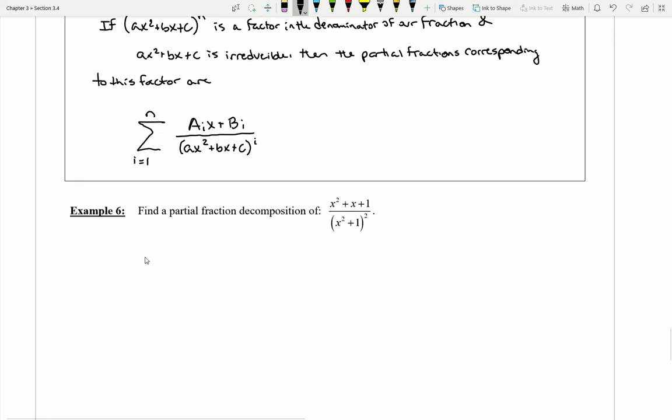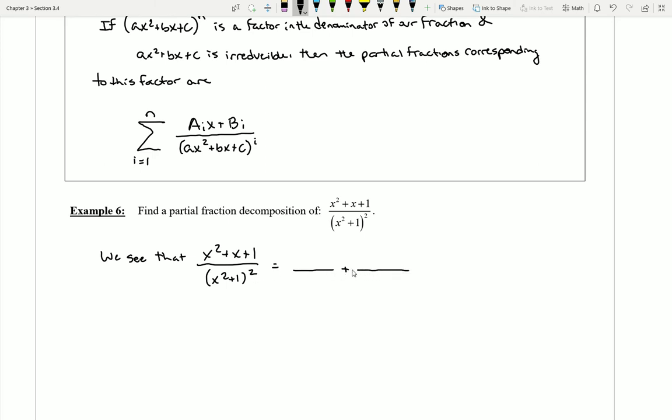Well, take a look again at the denominator. I'll start by saying we see that in this denominator here, I have an irreducible quadratic, an x squared plus 1. But that's occurring down there multiple times, right? It's down there twice. So according to what I have up above in case 4, I should get as many fractions as there is this power. So since this is 2, I get 2 fractions.